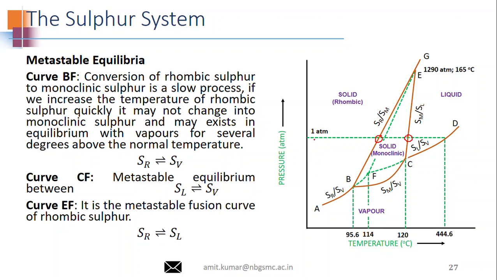At constant atmosphere, if you start increasing the temperature, sulfur in rhombic state gets converted into monoclinic state, then into liquid state, going through 3 different phase boundaries, and finally at 444.6 degrees Celsius, above this point it gets converted into sulfur vapor state. So this is about the phase diagram of a sulfur system. Thank you.